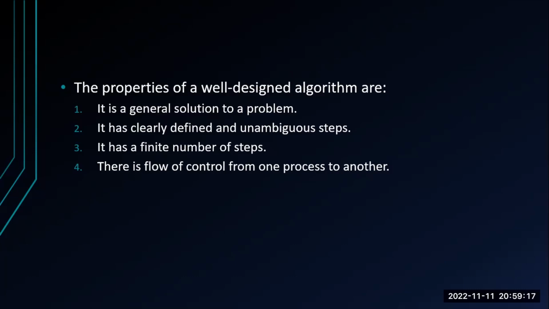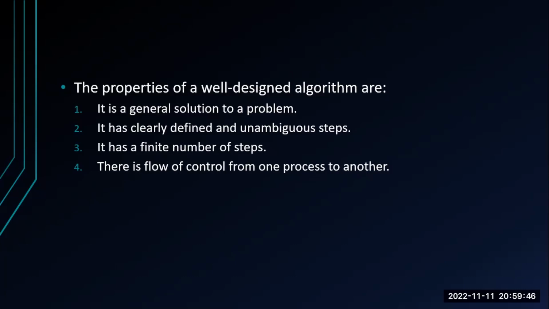In order to execute anything, the computer needs to be clearly told what it needs to do. So therefore, the algorithm has to be clearly defined and unambiguous so that we can tell the computer what exactly is supposed to be done to solve the problem.